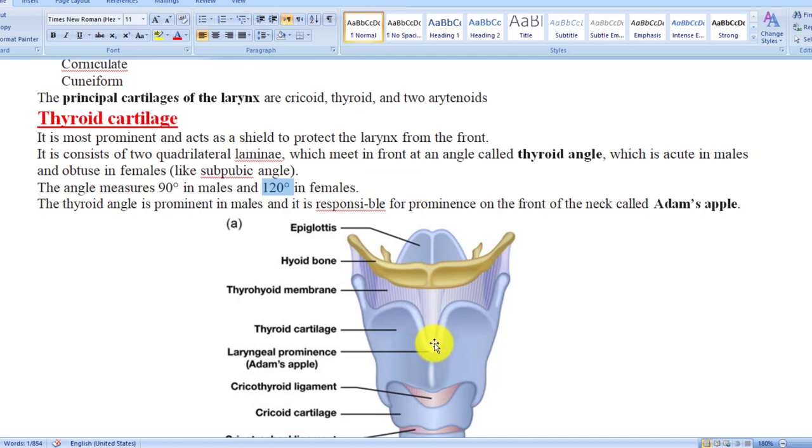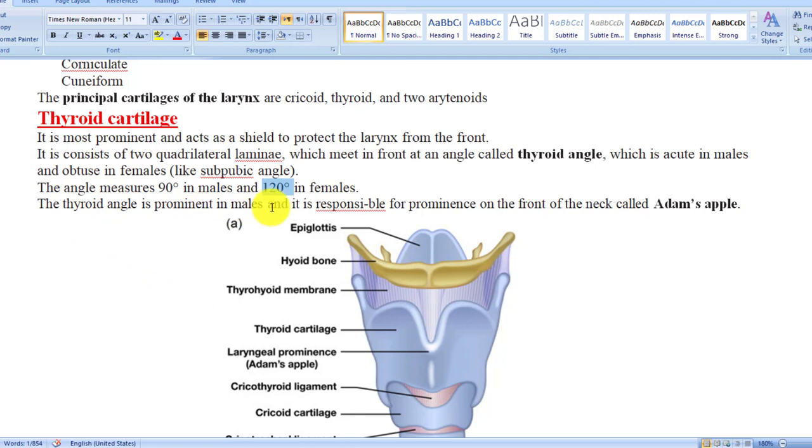So this angle, if you follow the cursor of the marker, which is made here by the combination of the two laminae, is called the thyroid angle, and the angle here in males is 90 degrees and in females is 120 degrees.